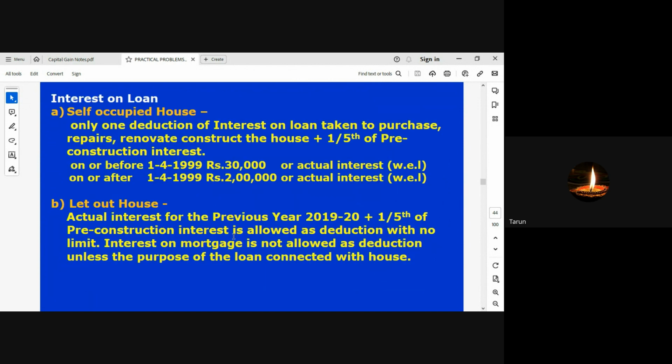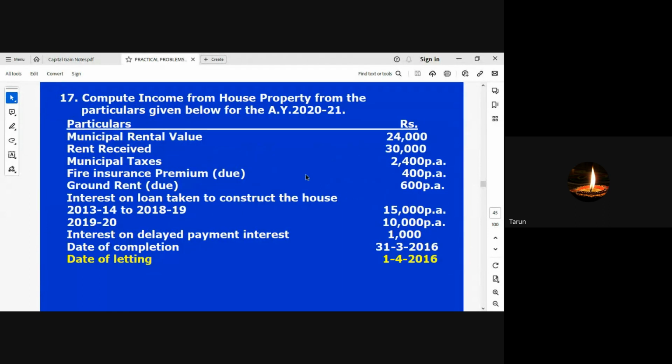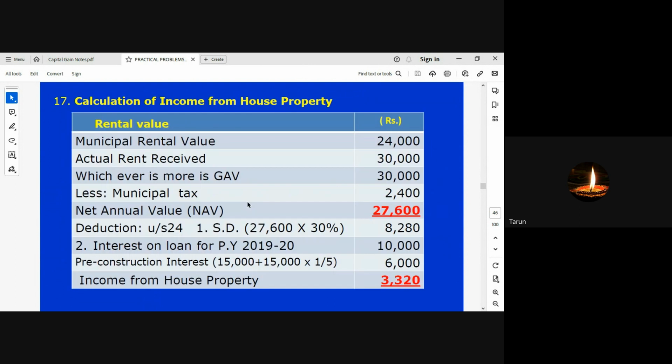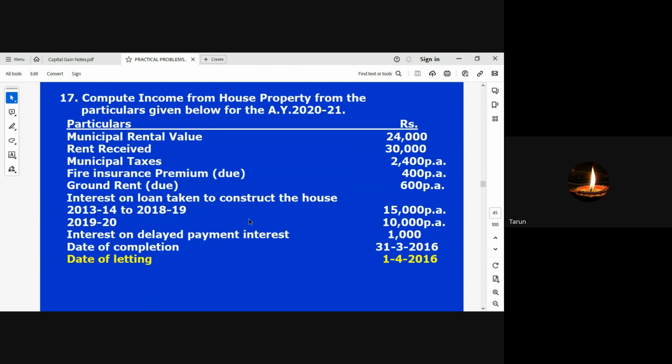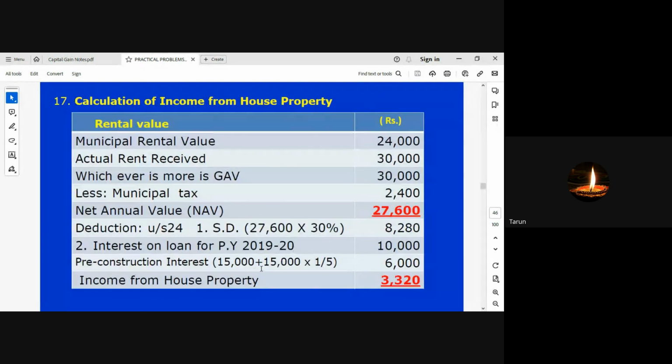Right? So there is a rule when we talk about pre-construction: 1/5 of the pre-construction interest. So what is the interest of pre-construction? 15,000 plus 10,000. Then it covers how to calculate the interest on the pre-construction period. So this is the way; the 2 years are already given, and the values are already given to you. So 15,000 and 10,000 are already given. 15,000 plus 15,000 into 1/5.